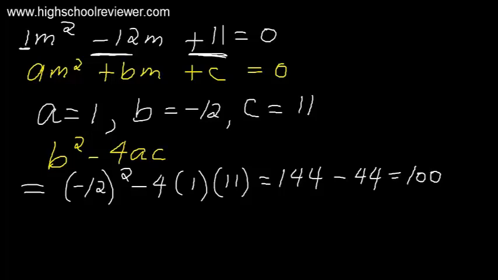Okay. So 100 is a perfect square. So we will have here our discriminant b squared minus 4ac. This is greater than 0. And since 100 is a perfect square, so greater than 0 and a perfect square.